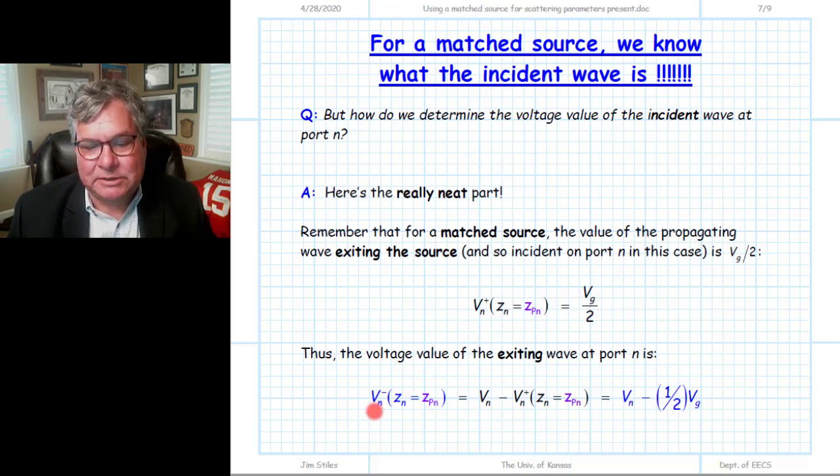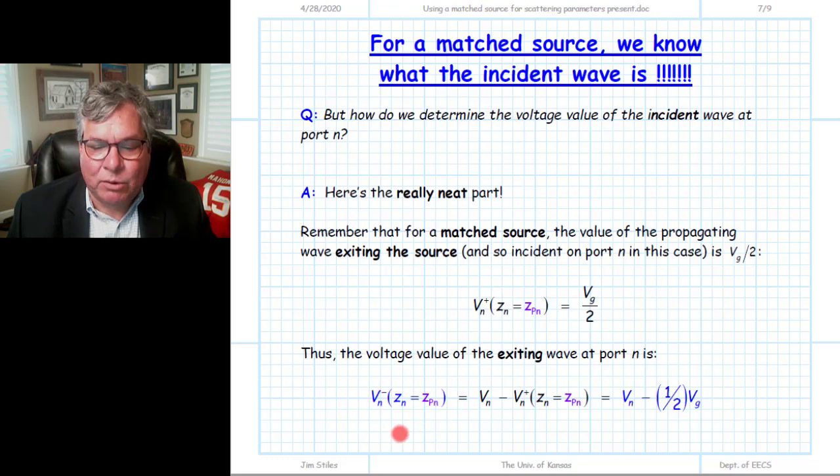On the previous page, we said the exiting wave at a port where a match source is attached is equal to the total voltage at that point minus the incident wave voltage, the plus wave voltage at that port plane. Well, if we've attached a match source to that port plane, we know that incident voltage is Vg over 2. And so now we can come up with this very exciting, simple, easy result.